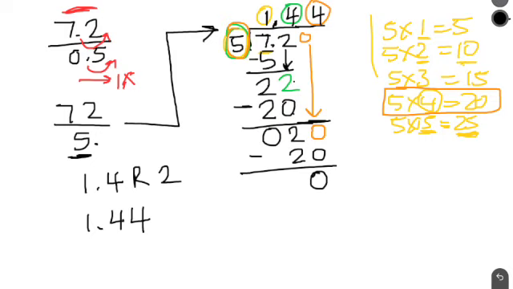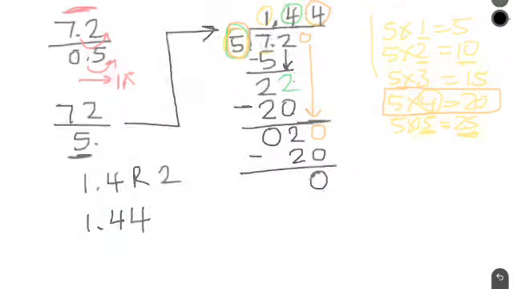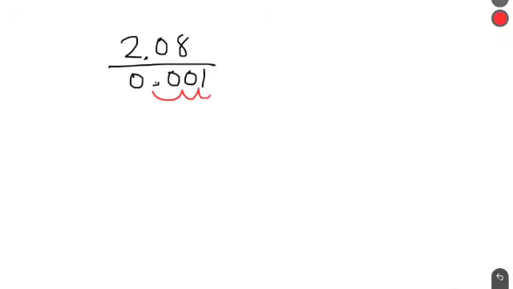So this is how we divide decimal numbers. Key point is we always want to start with the denominator being a whole number. And we do that by moving the decimal point in the denominator over at first.